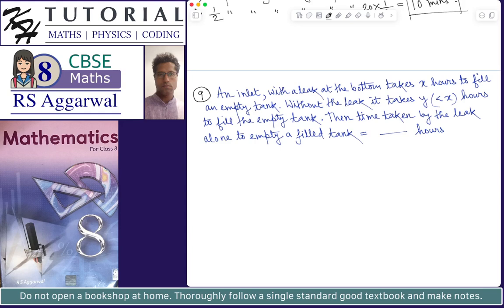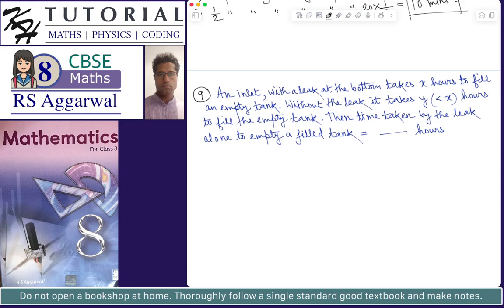So basically, this means that the leak at the bottom is acting as an outlet, and definitely that outlet is doing some work per hour. That is, some water is being leaked. Some part of the tank is being leaked, and that part which is leaked in 1 hour is the work done by the leak in 1 hour.